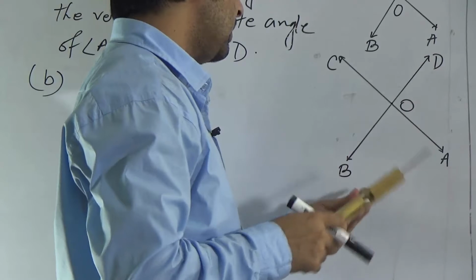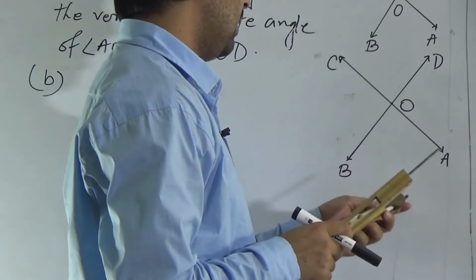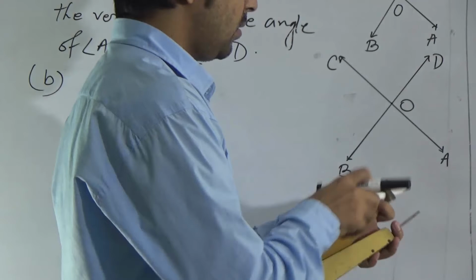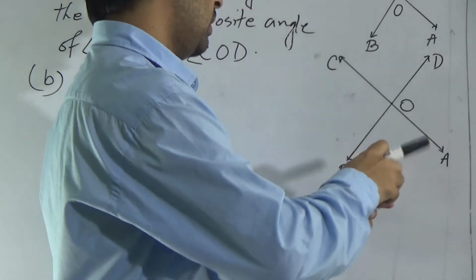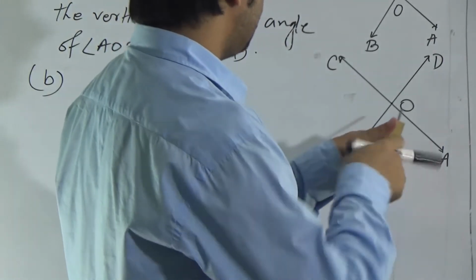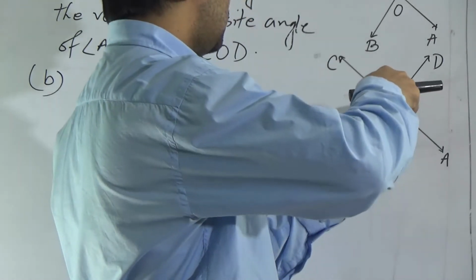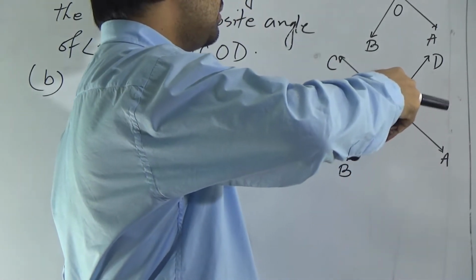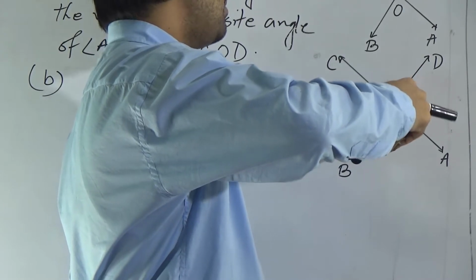To draw the bisector, at first take the pencil compass and then with O as center draw an arc with convenient radius.